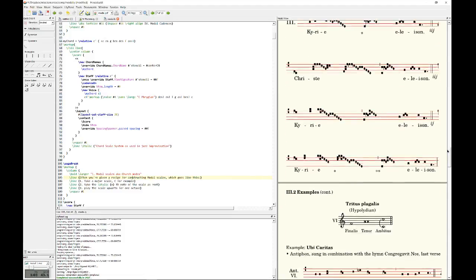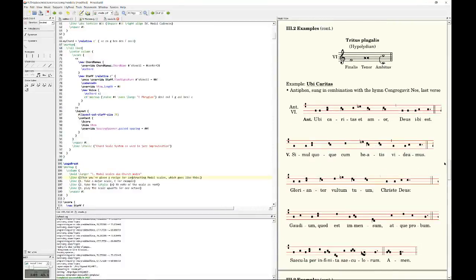Next example would be this hymn, Ubi Caritas, which is in Hypo-Lydian. Our finalis is on the F, since it's the same as Lydian. But our ambitus starts a bit lower on the C and should end around C as well. The tenor should be on the A. So let's have a quick look at the score.